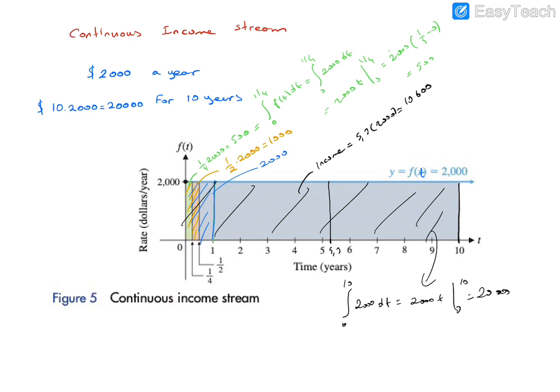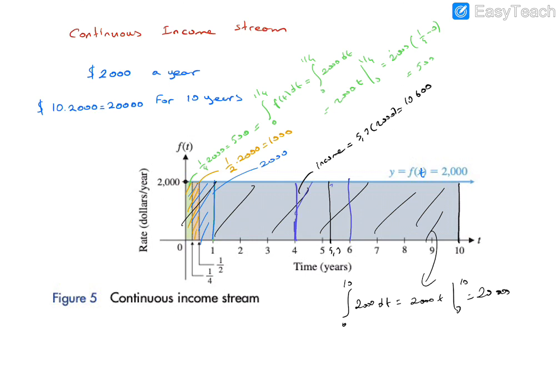As a result, if you have a continuous income stream, by using the definite integral, we can calculate our total income at any time, or between some time interval.